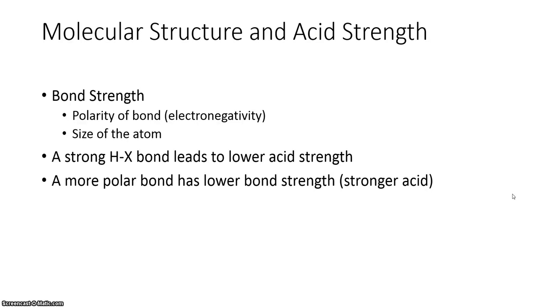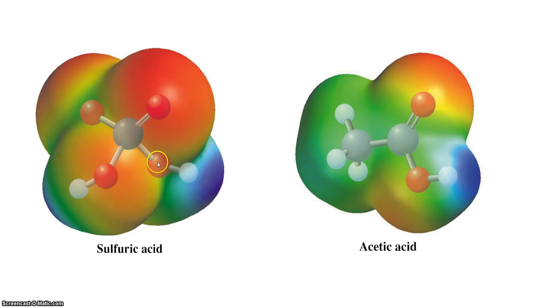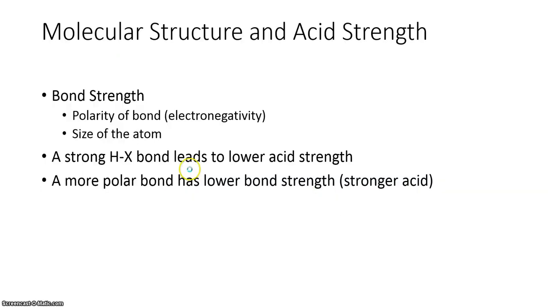Alright, so we saw with the sulfuric acid and acetic acid example, where we both have polar oxygen-hydrogen bonds, the more polar bond was on the sulfuric acid, and that gives that bond lower bond strength, and so that gives us a stronger acid.